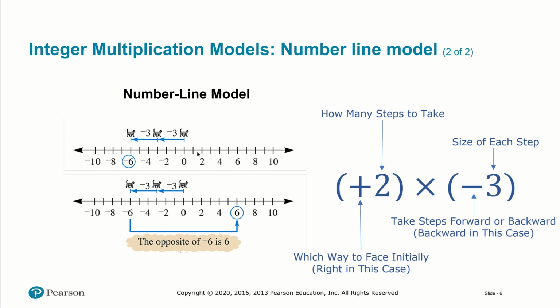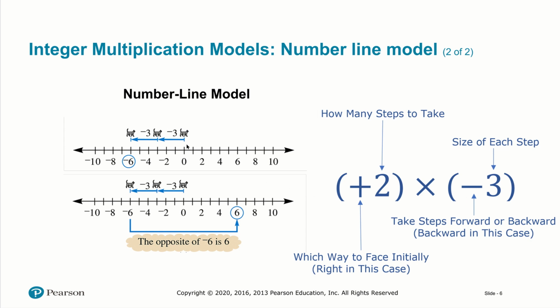In this case, notice that's a negative, so we're going to take backward steps. So starting here at 0, we're going to first of all face right, and we're going to take 2 steps of size 3, but in backward motion because of that negative.